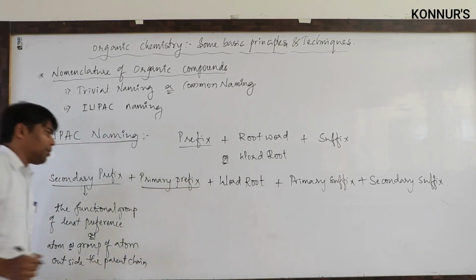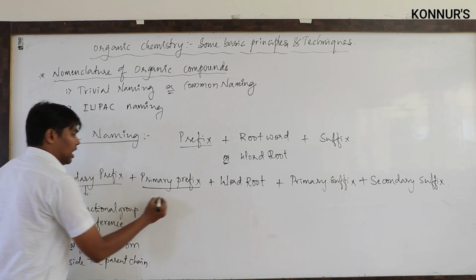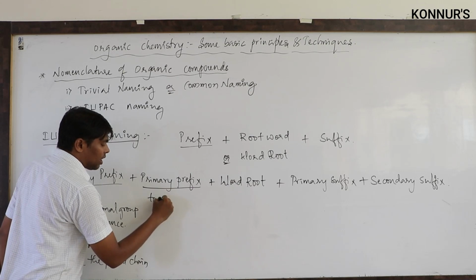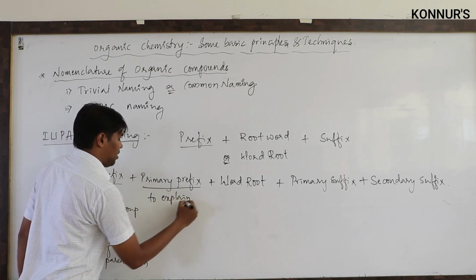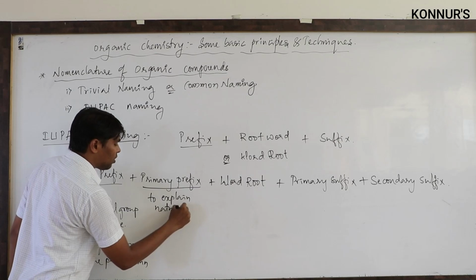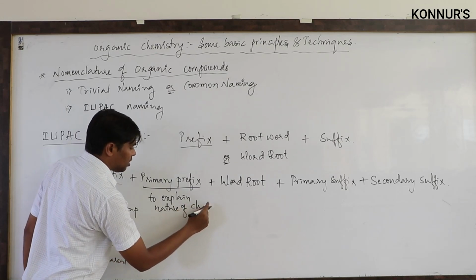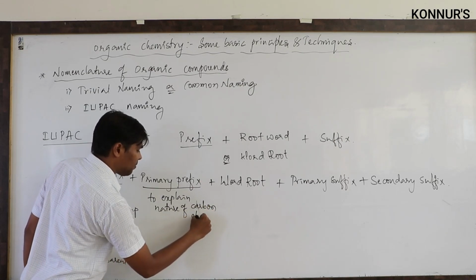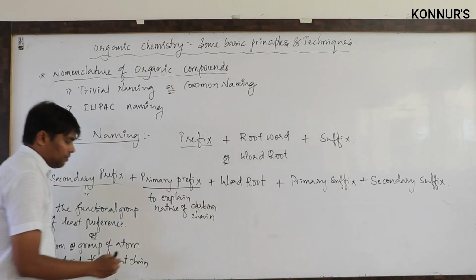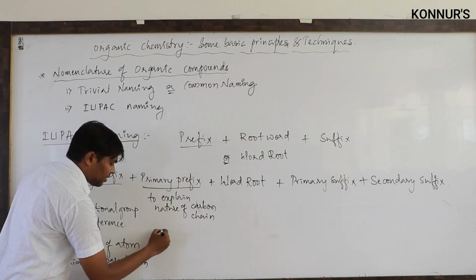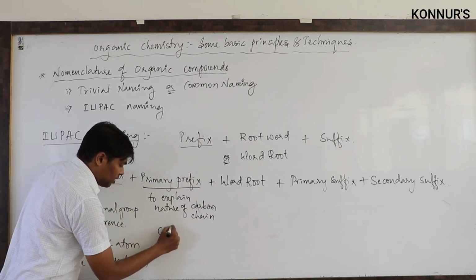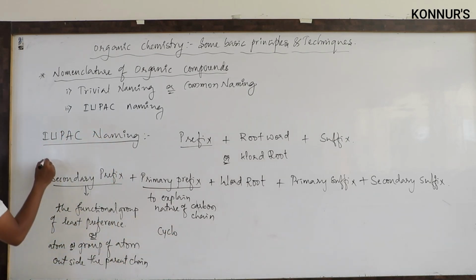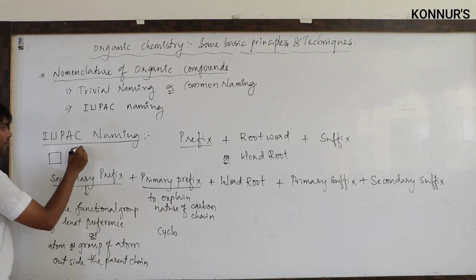And primary prefix is the name given to explain the nature of the carbon chain. Here the primary prefixes such as cyclo is used if the compound is cyclic in nature.